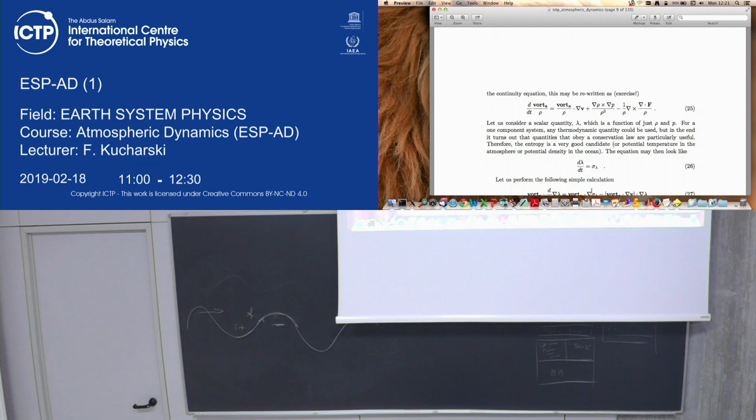Any other terms could be hidden in sigma lambda. So this is a general evolution balance equation for this quantity lambda. Of course, if lambda is a conserved quantity following the motion, then this sigma would be 0. And that's the important and interesting application of this. But that's not the case for any thermodynamic quantity.